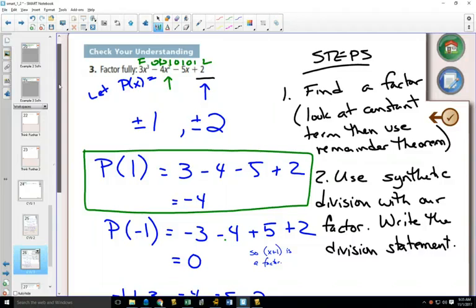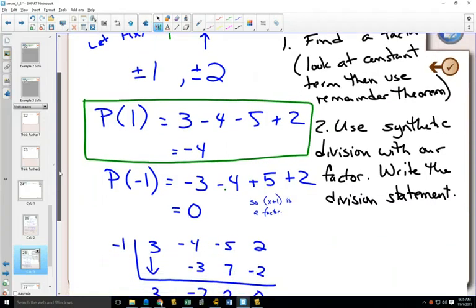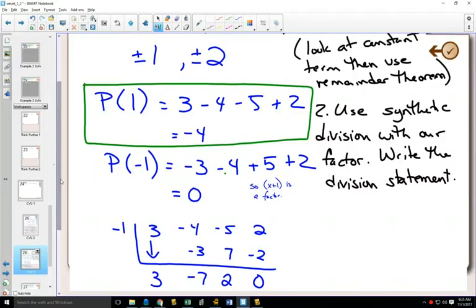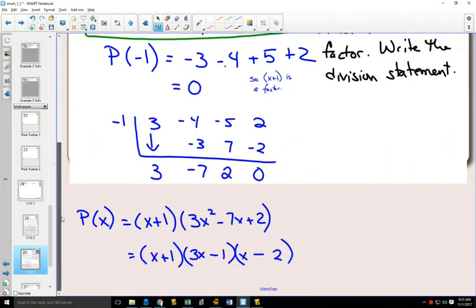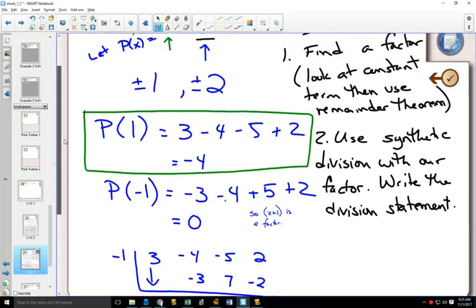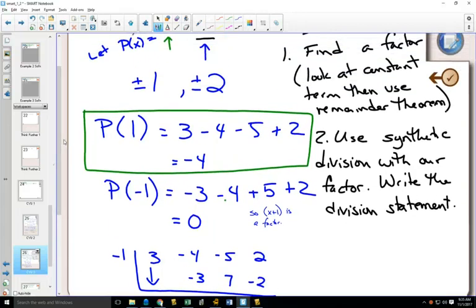So once we found out our factor was x plus 1, here we use synthetic division, and we wrote our division statement. So we found a factor, then use synthetic division, and write the division statement.